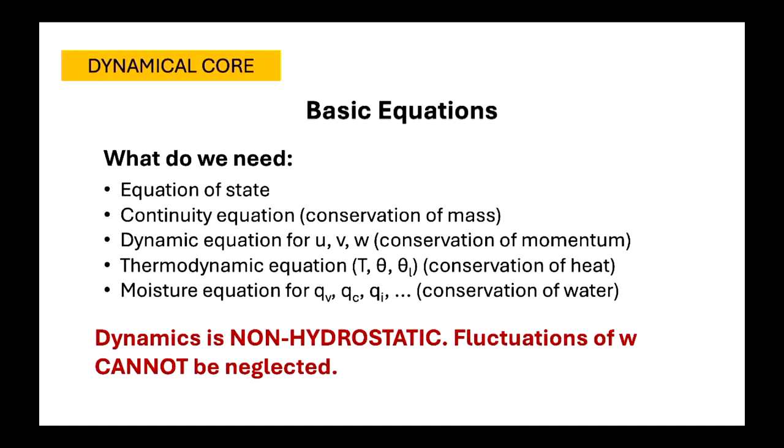The third equation we need is the dynamical equation for the conservation of momentum, that basically describes and governs the motion of the atmosphere in terms of horizontal and vertical wind. And then we need a thermodynamic equation to represent the conservation of heat. And finally, we will need a moisture equation to represent the conservation of water.